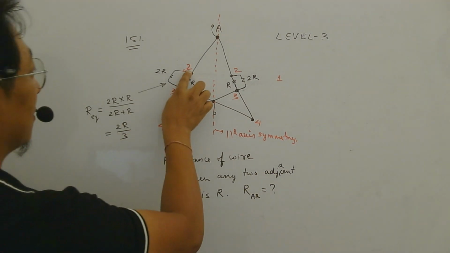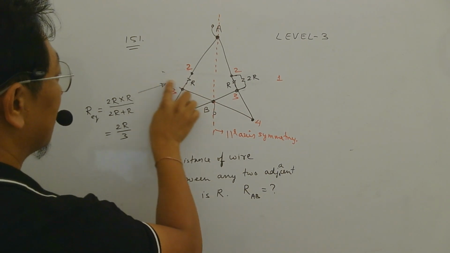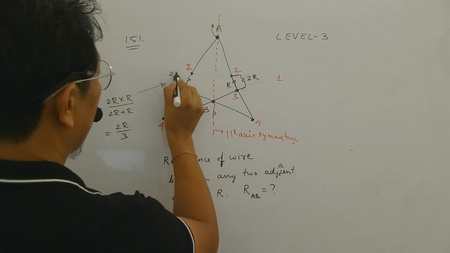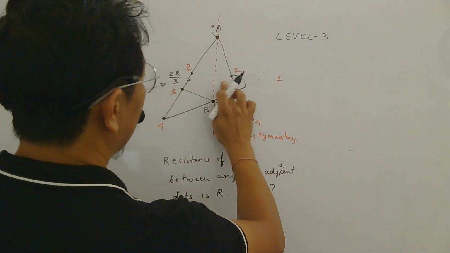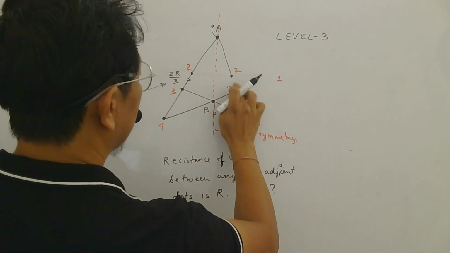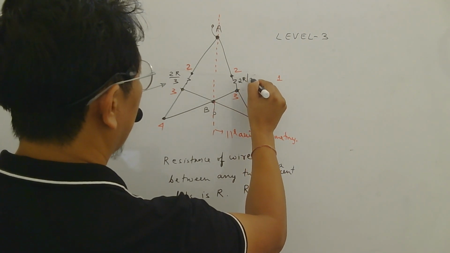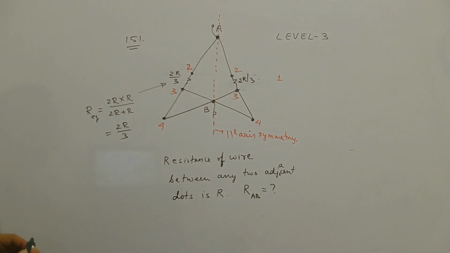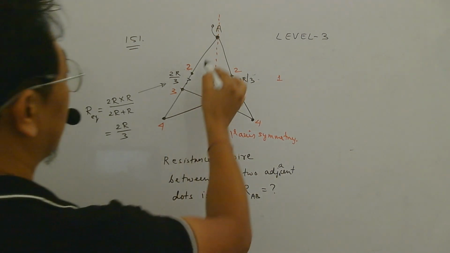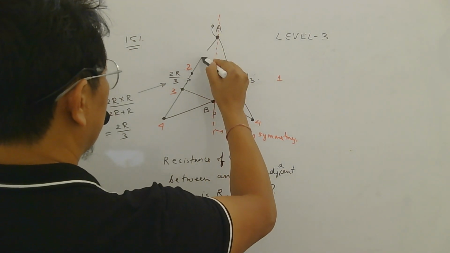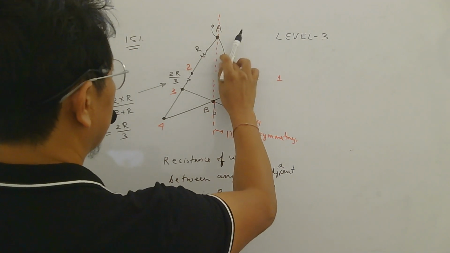So these two resistors can be replaced by 2R by 3. Similarly here, these two can be replaced by 2R by 3. Isn't it? Now look carefully. Remember, between these two dots, this resistance is R. This is also R.